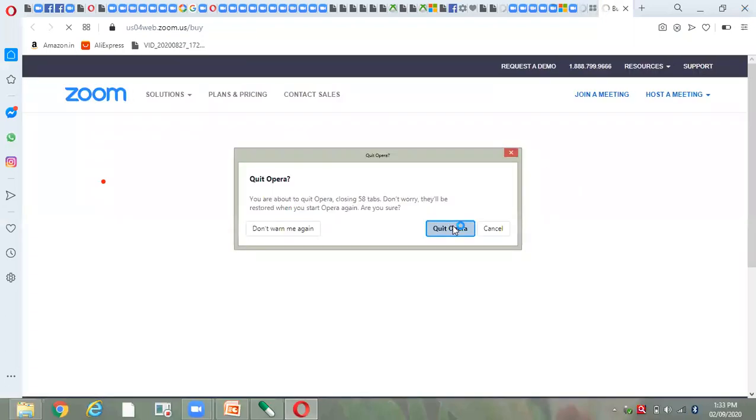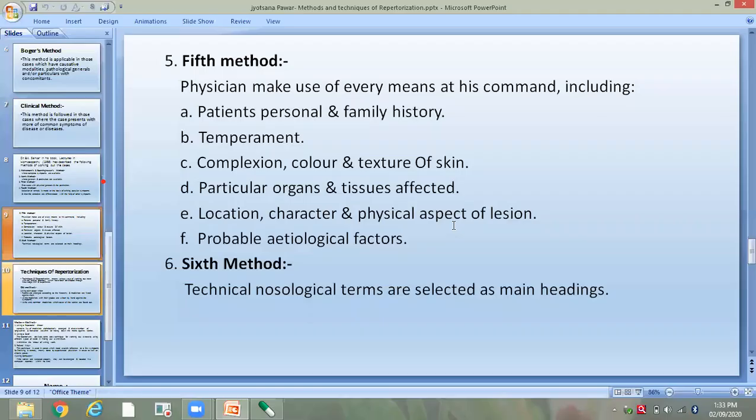Why the patient is suffering, how the disease condition started, what may be the cause behind starting the disease, or starting the complaints in the patient. So we should find out what may be the probable cause behind this disease condition.